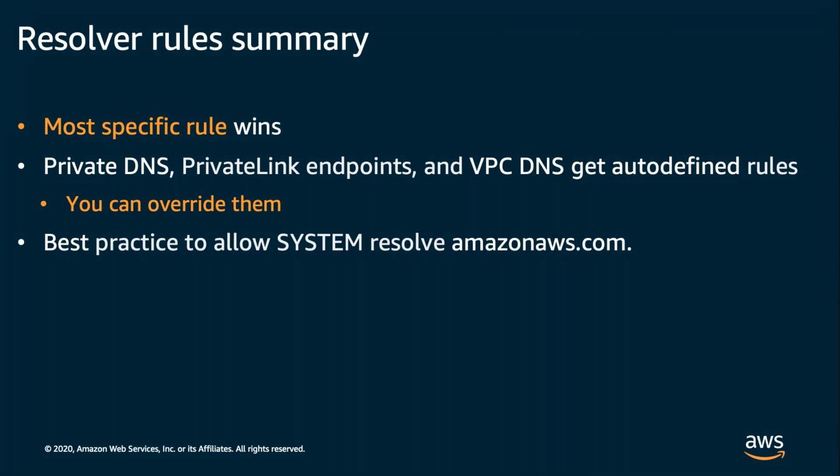A quick summary: the most specific rule wins. Private DNS, PrivateLink endpoints, and VPC DNS get auto-defined rules. You do have the ability to override those. It's a best practice to allow the system rule to resolve AmazonAWS.com.